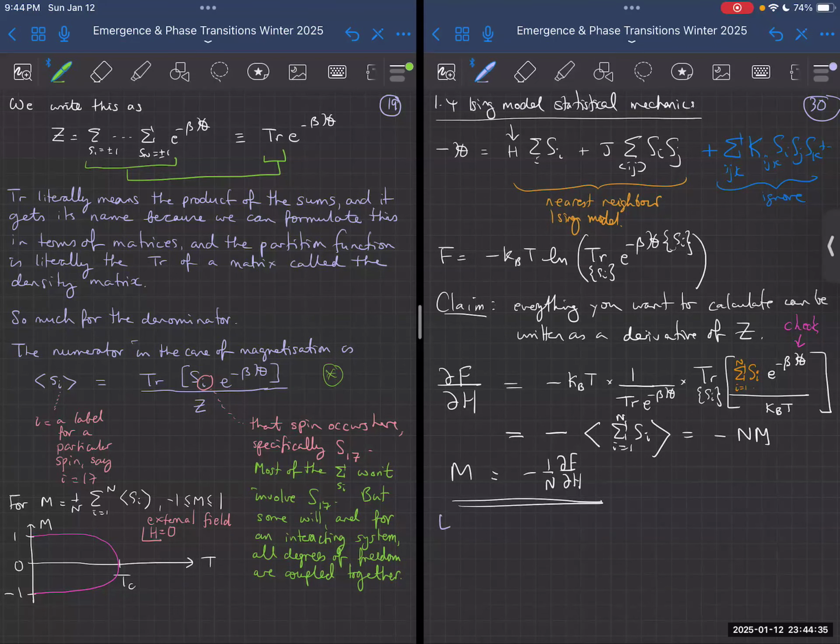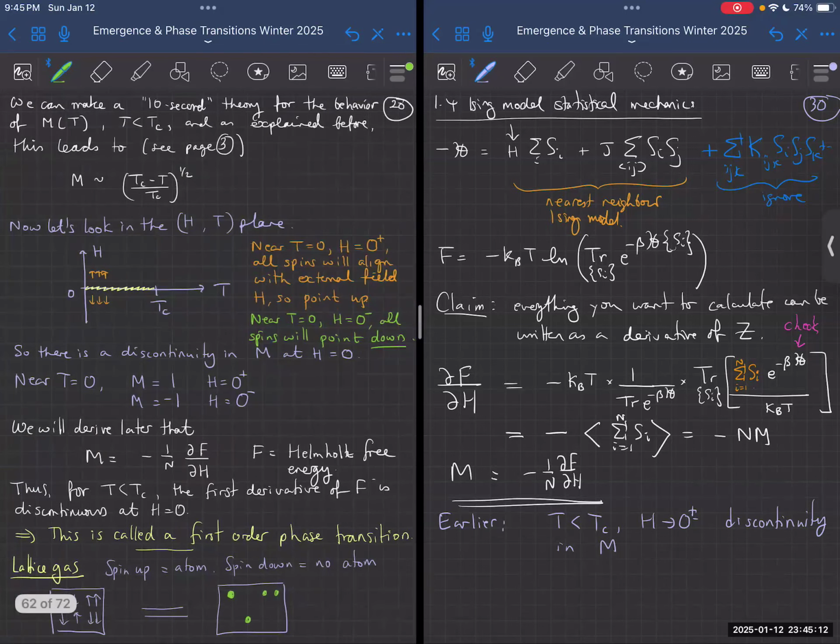Well, we saw earlier that as T goes to 0, and in fact, as T is less than Tc, for T less than Tc and h going to 0 plus or minus, there is a discontinuity in m, and we saw that right here.